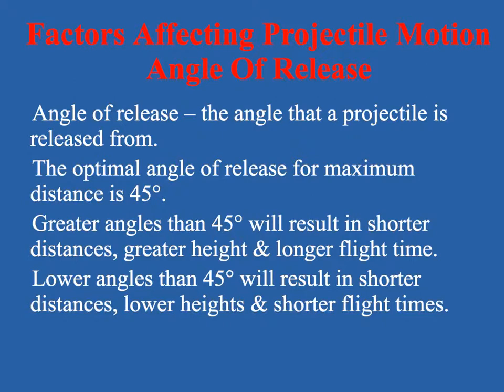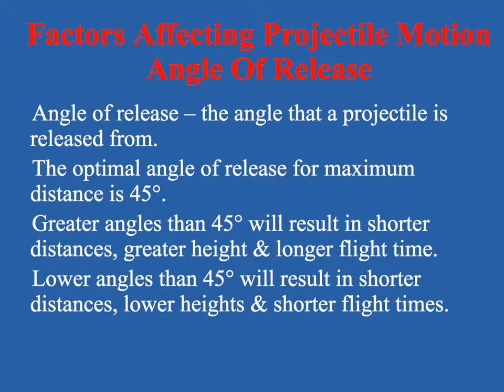Lower angles than 45 degrees will result in shorter distances, lower heights, and shorter flight times. An example of this is a tennis serve, where you're wanting the ball to travel in a downward attacking direction, so it lands in the opposite serving box and it's in, and it will be difficult for the opposition to return.